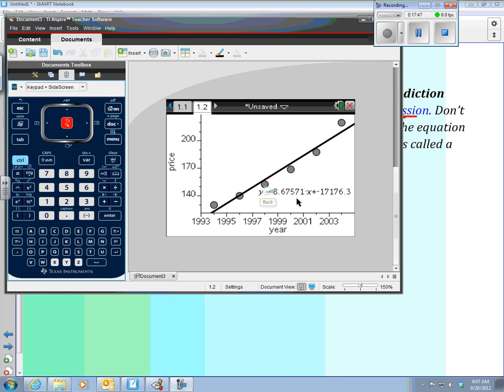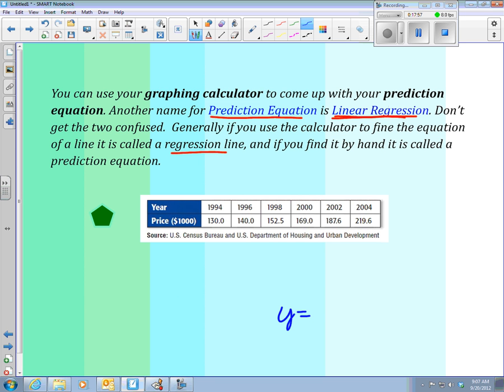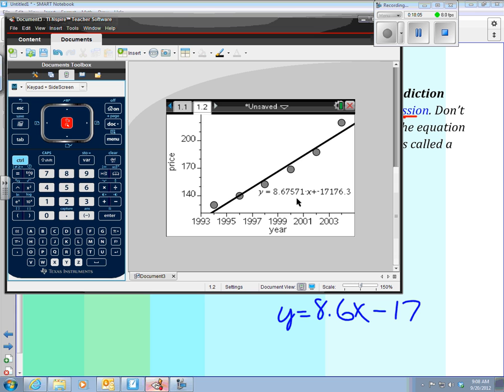You can see that this is our slope, 8.67 roughly, and the y-intercept is negative 17,176. It's not the exact same thing that I had, but it's actually pretty close.